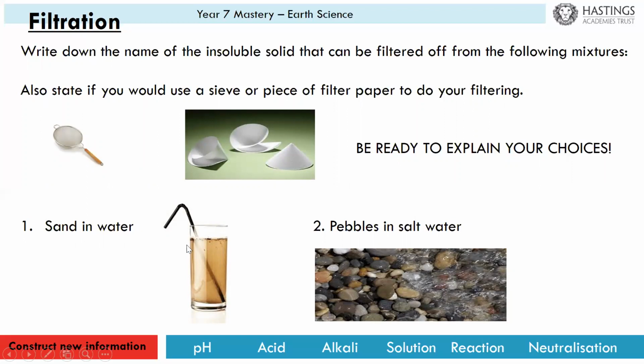So salt and water, would you use a sieve or a filter paper? And pebbles in salt water, would you use a sieve or, sorry, a filter paper? I'm going to give you 2 minutes to have a look and decide. Write down your answers and explain your choices. If you can pause the video now, so that we can go through that information later.